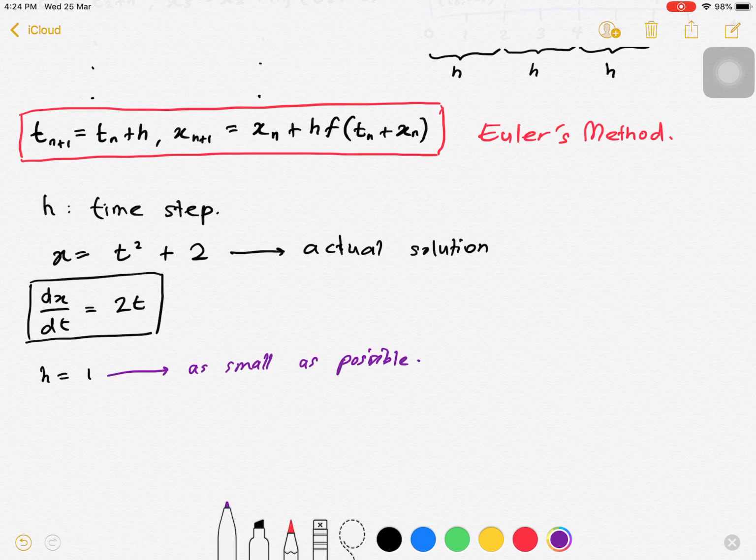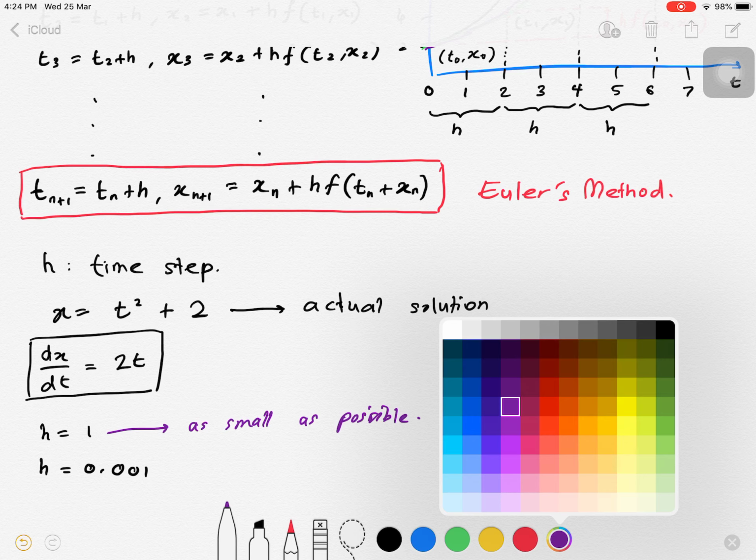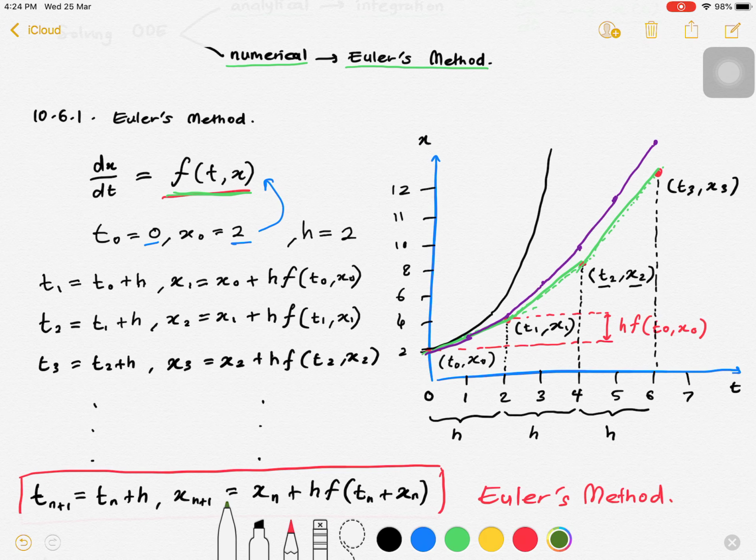Okay. So what happened when I reduce h to become very small, 0.001 for example? The curve will be even closer to the actual solution. So it will be like this. Okay, so this is an example if h is equal to 0.001.